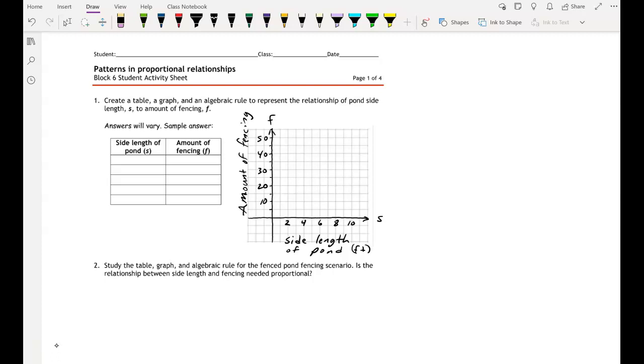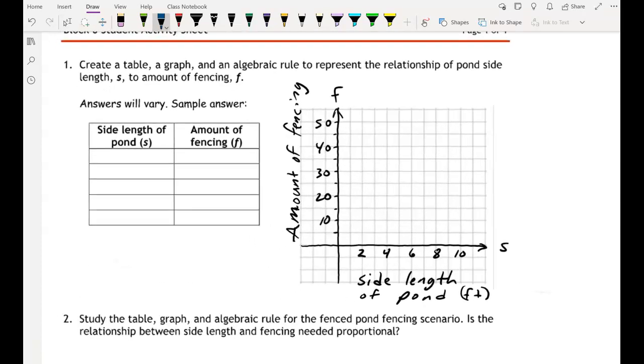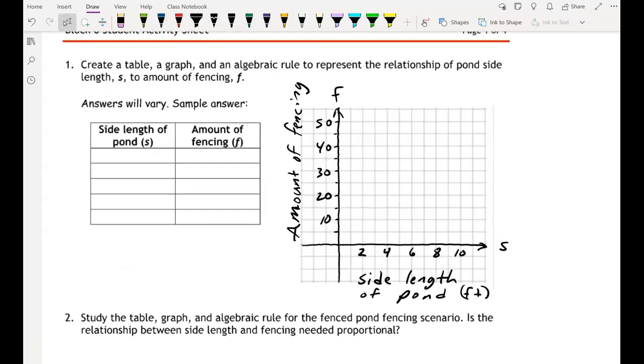We're going to create a table, a graph, and an algebraic rule to represent the relationship of pond side length, or S, to the amount of fencing. So let's say that we have a pond that has a side length of 1.